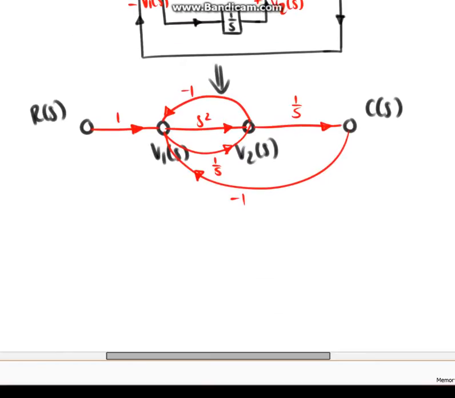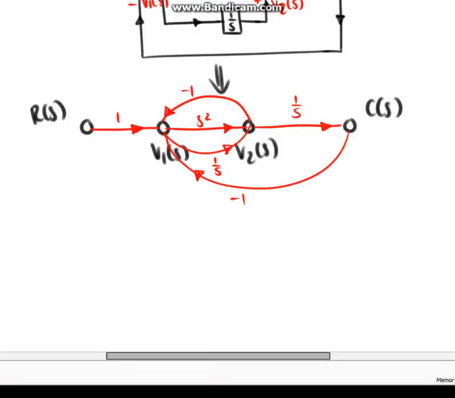Mason's rule has a couple of steps. For the first step, we have to determine the forward gain paths based on our signal flow diagram. We have 2 forward gain paths, and I'll label them here.